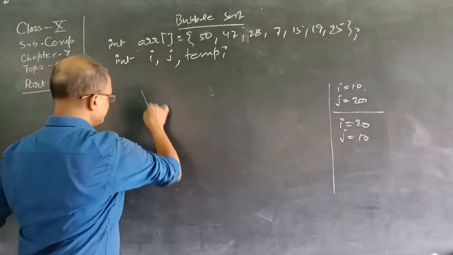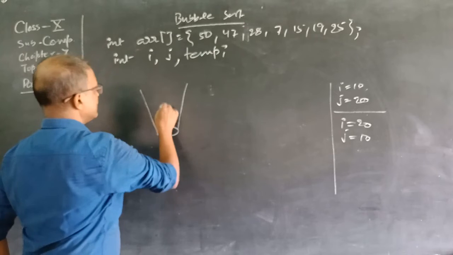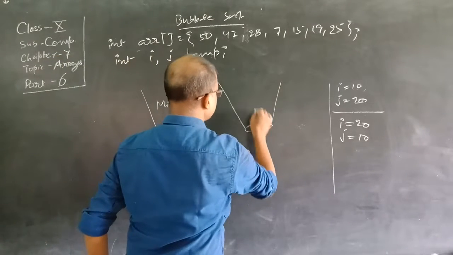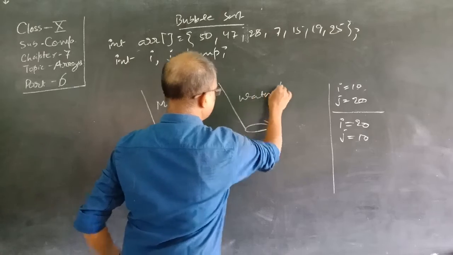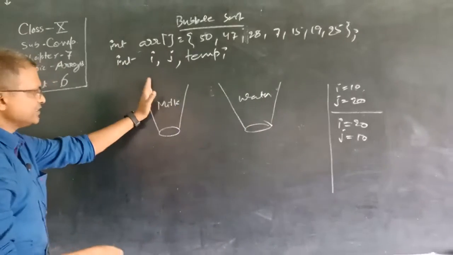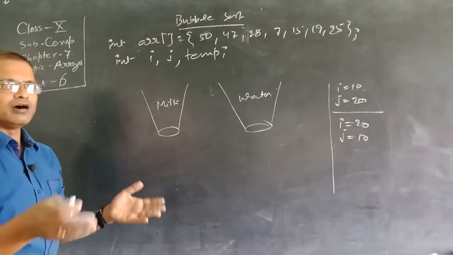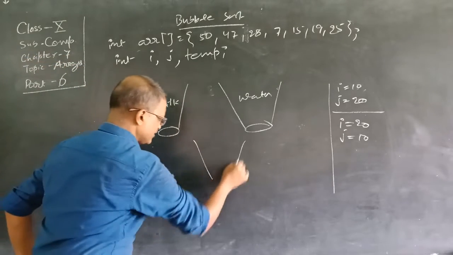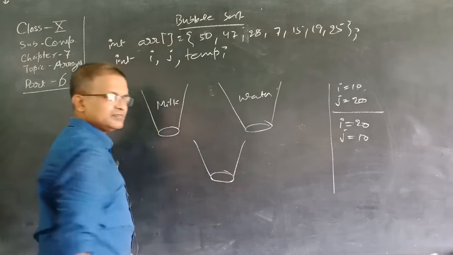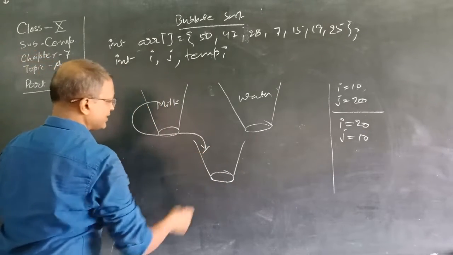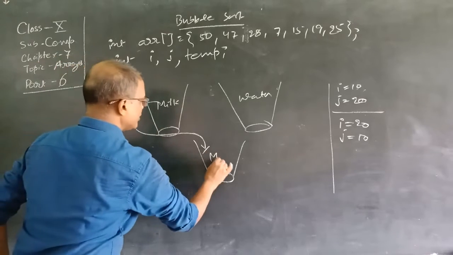Suppose here is a glass having milk. Here is another glass having water. You have to interchange water into this glass and milk into this glass. What will you do? Simple, you will take an empty glass. In the first step, you will put the milk in this empty glass.